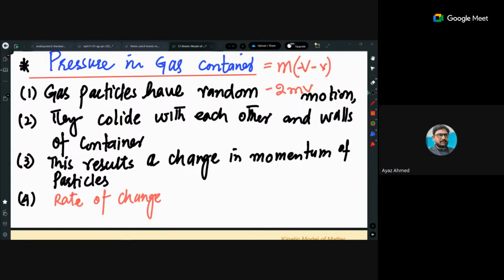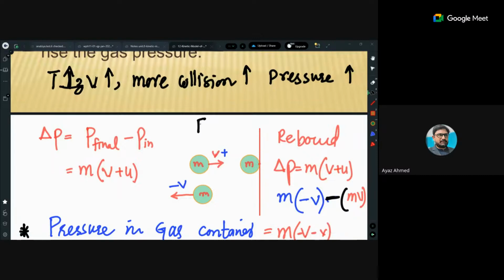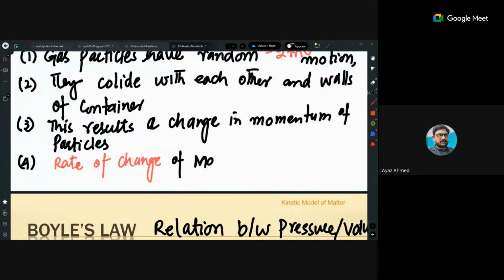No, the rate of change of momentum is basically delta p by t. I had you write that F is equal to delta p by t. So the rate of change of momentum equals force.